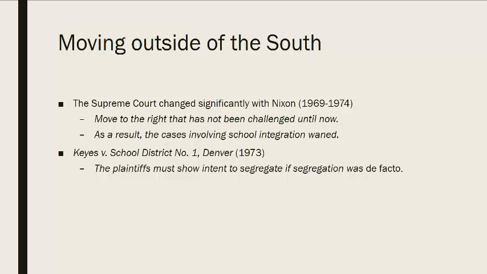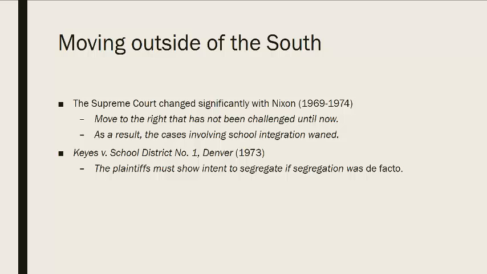So with the change in leadership of the Supreme Court to a conservative appointed court, we see the court hearing less and less cases. But the ones the court does hear are important. Okay. So in 1973, we get a case out of Denver, Colorado.